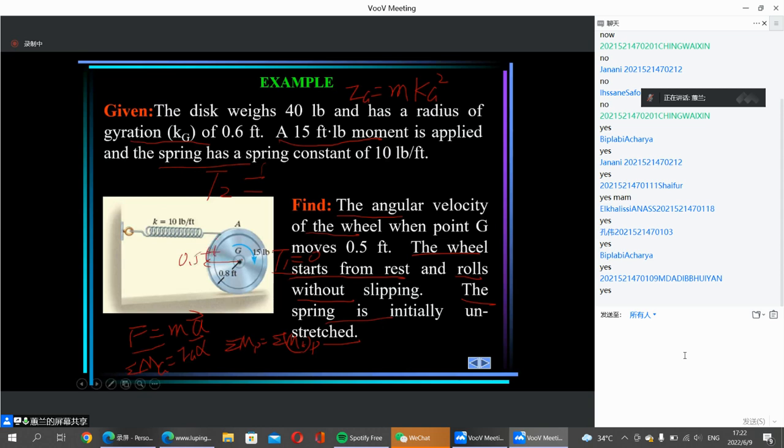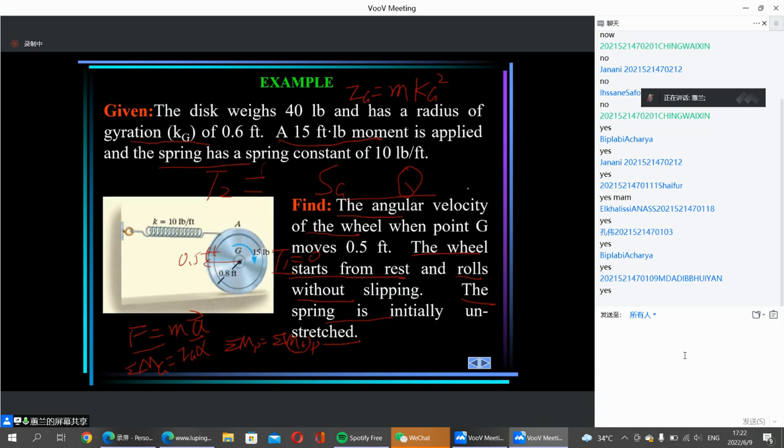What will be the relation between the displacement of the mass center G and the angular displacement? Can anybody tell me? Here is actually kinematics, right? You should find out the displacement SG and the angular displacement.